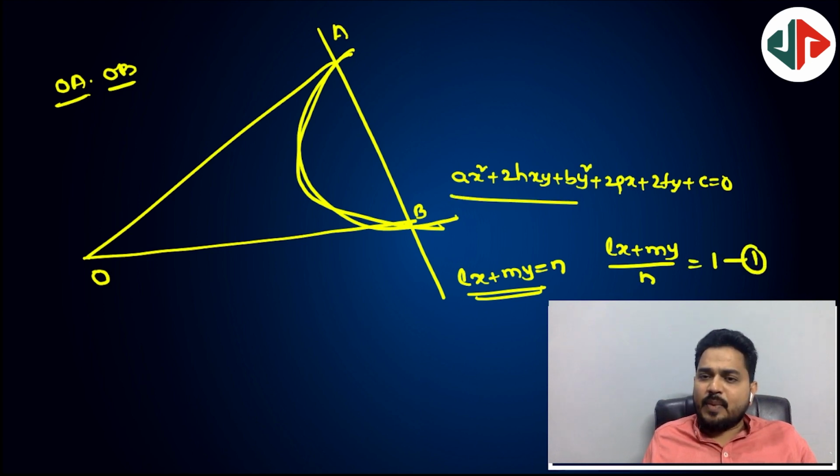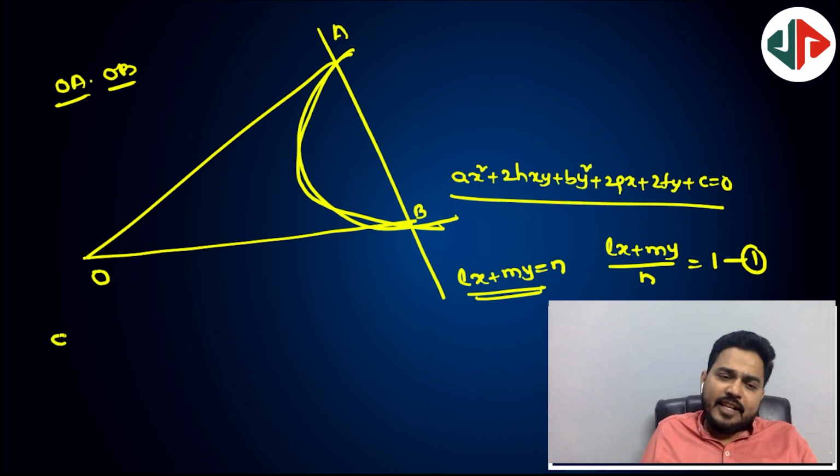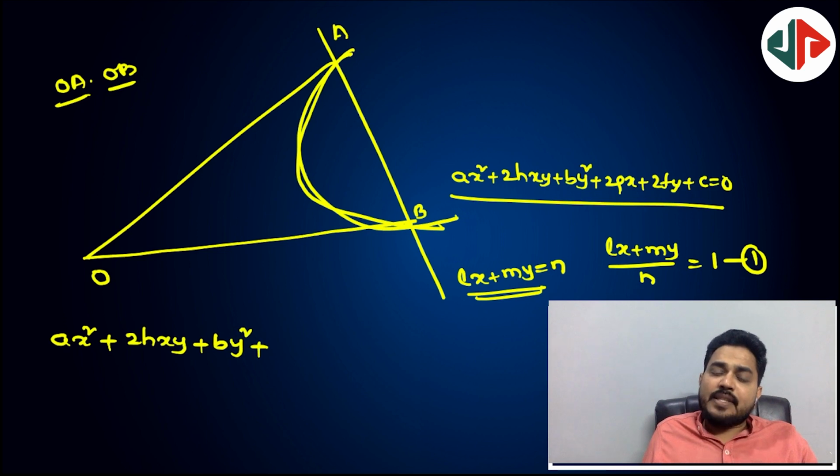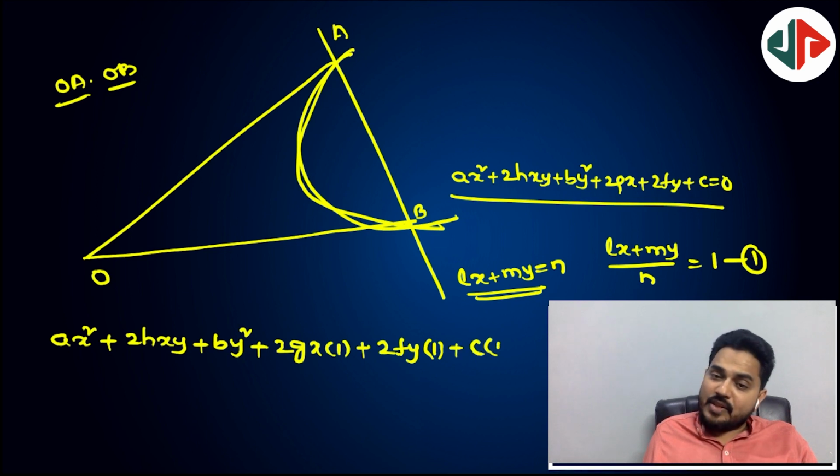Now this equation, I will write it as Ax square second degree, 2hxy second degree, plus by square second degree, plus 2gx, it is a first degree, so I will write into 1, plus 2fy, this is first degree into 1, plus c zero degree, so 1 square is equal to 0.